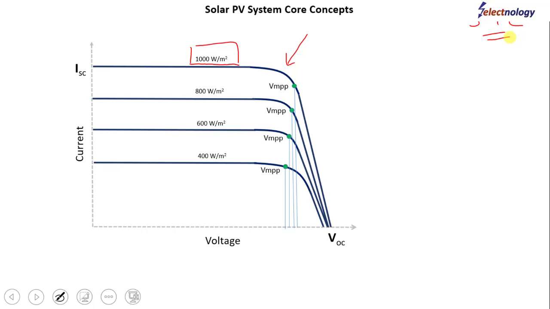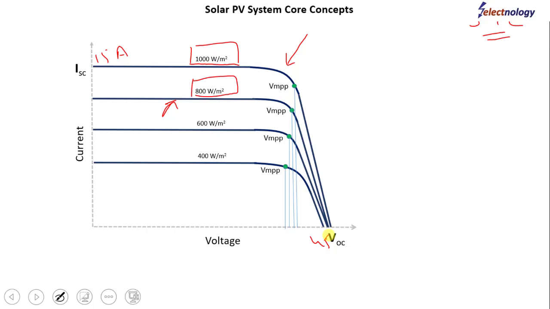Okay, now if the sun energy is 800 watt per meter square, in that case, this graph shall define the relationship between the voltage and current. Meaning, in the previous case, we assumed this was 15 amperes, and this open circuit voltage was 45 volts.